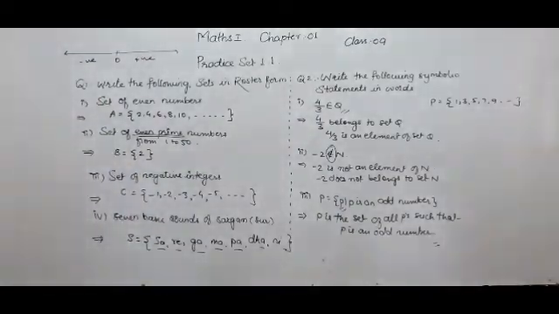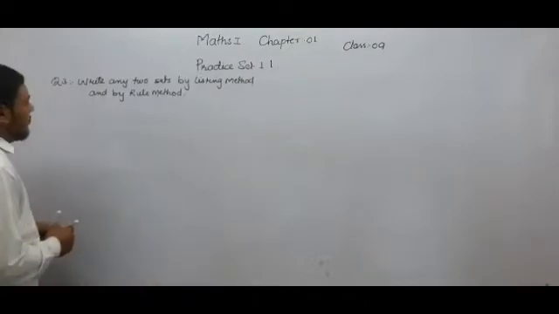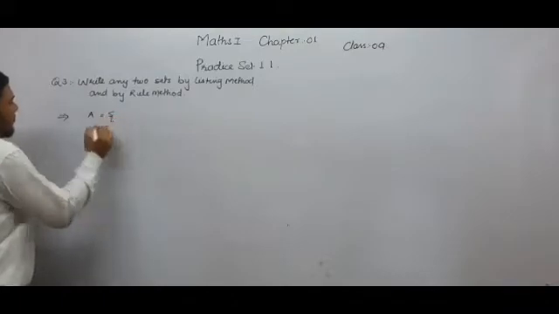Now we will move towards the next question. Student, now the next question is: write any two sets by listing method and by rule method. So we will take one set A is equal to curly bracket.